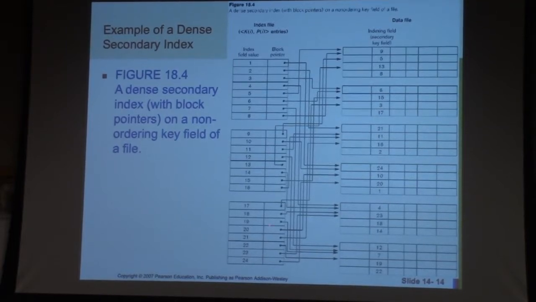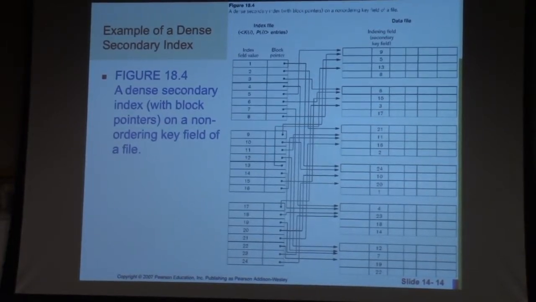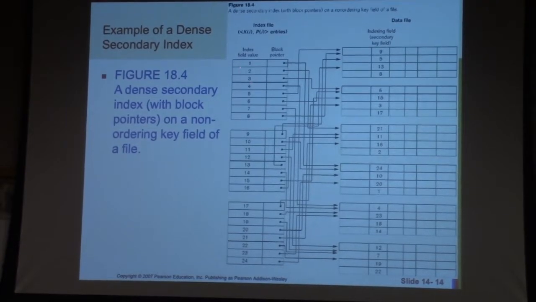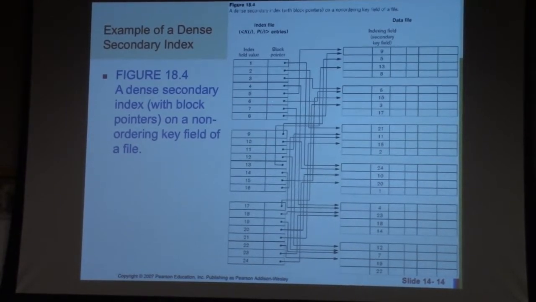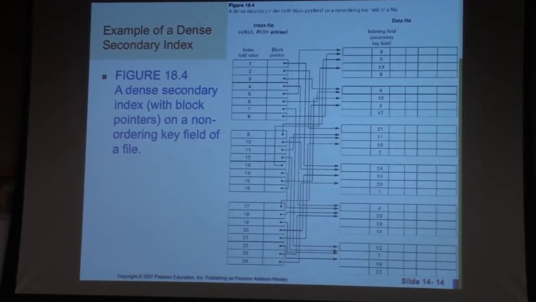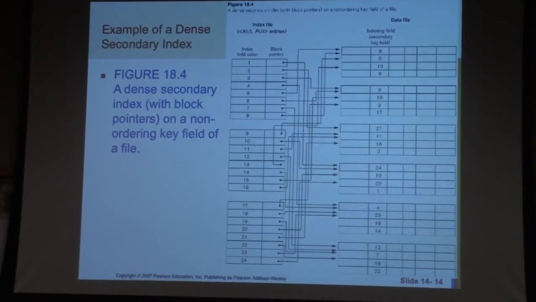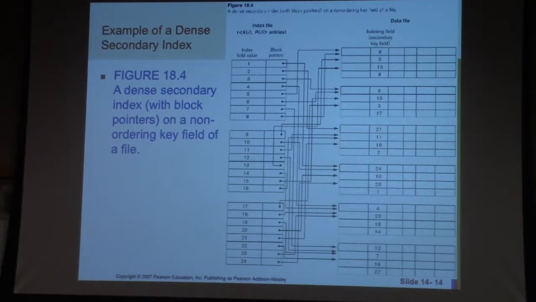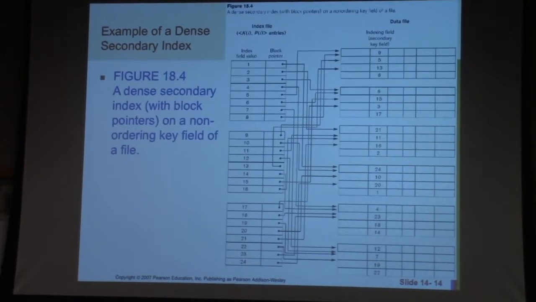Along the index blocks, you can search by binary search. Then within a block, without any cost, find the address. So 4 is here. You can save a lot of IO using an index.